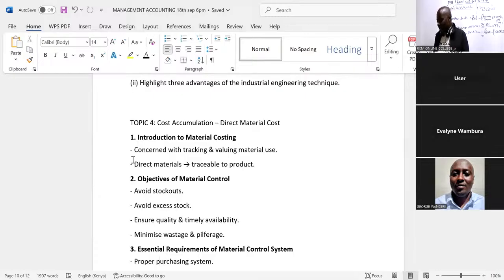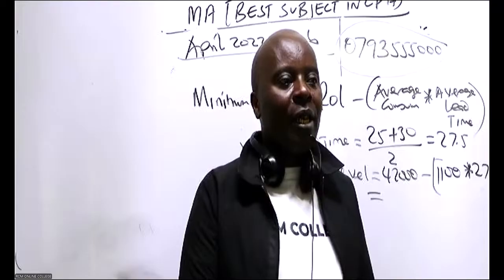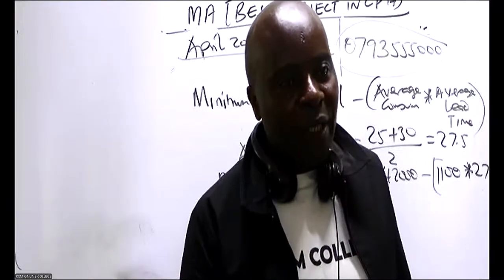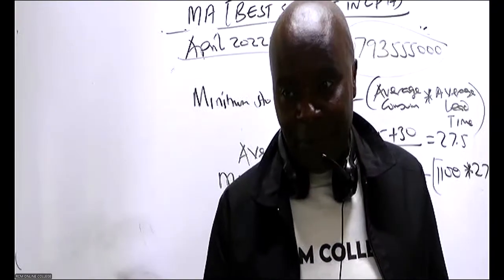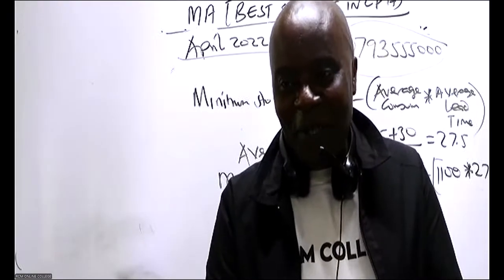Anytime we talk of material costing, we are concerned with tracking and valuing material usage. So, as a management accountant, once materials have been delivered for purpose of production, you must track them. Otherwise, remember, like in Kenya, we are told about 65% of employees go to their workplaces every morning with an intention of stealing. We shall overcome, isn't it?